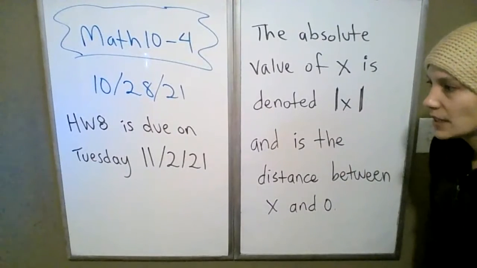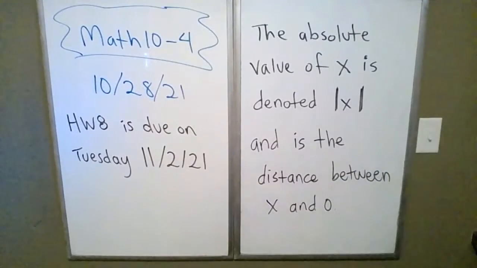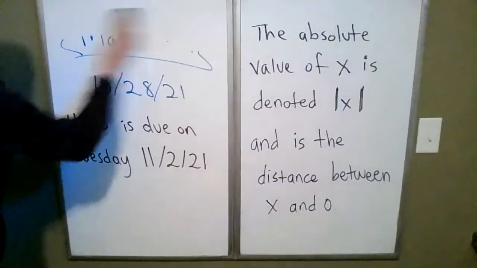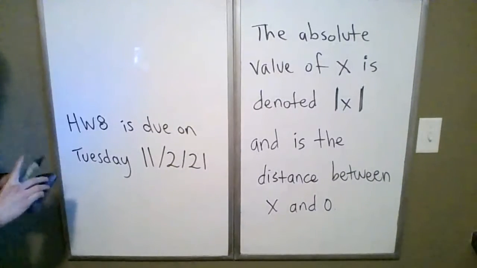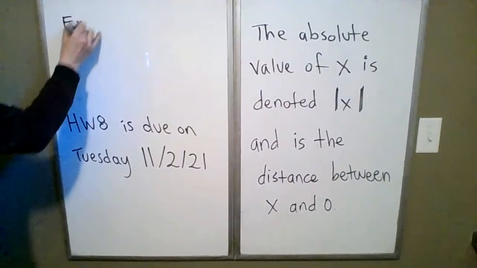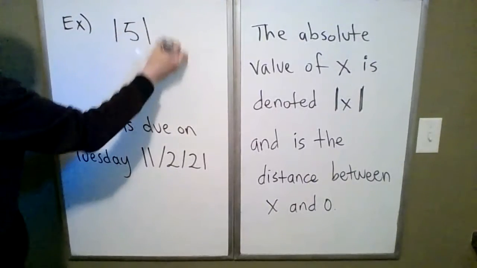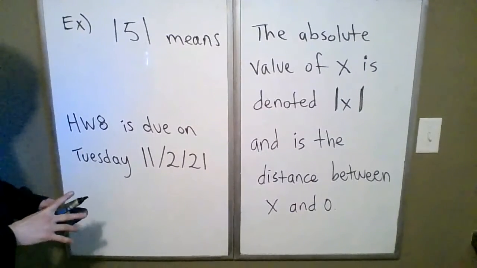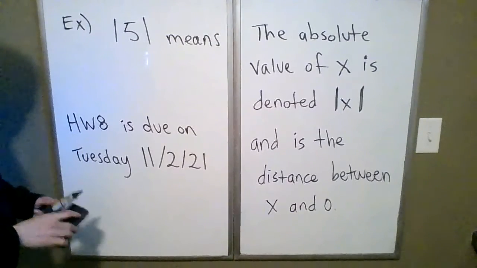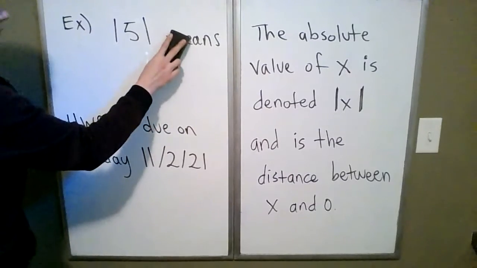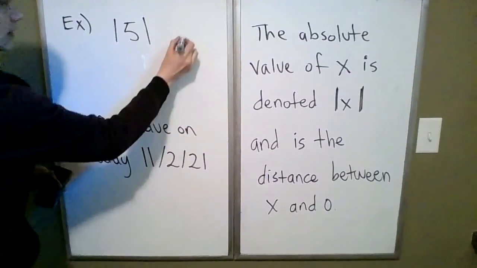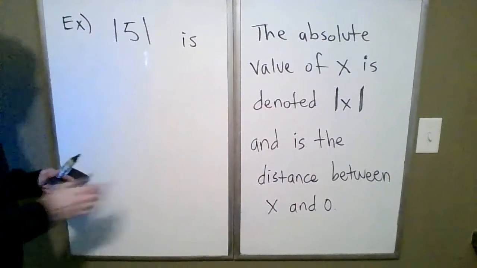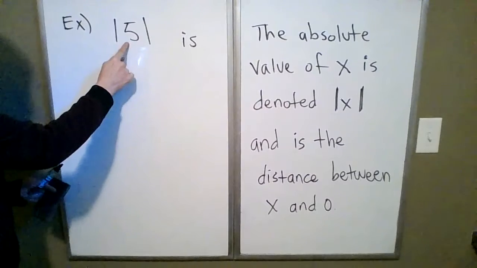Okay, let's look at the absolute value of 5. The absolute value of 5 is the distance between 5 and 0.